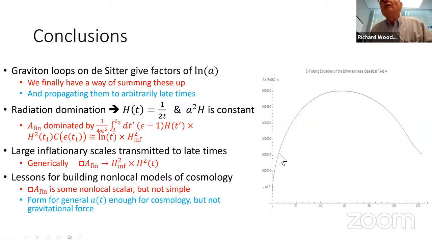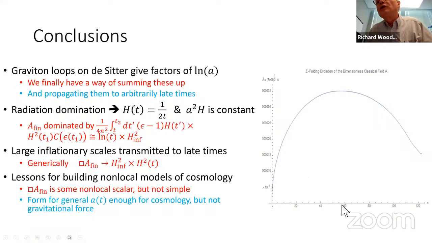And by the way, once I have A, that is the expectation value of the square of the field, I can then numerically evolve the classical fields in my nonlinear sigma models. And here's the result for a dimensionless classical field in the two field models.